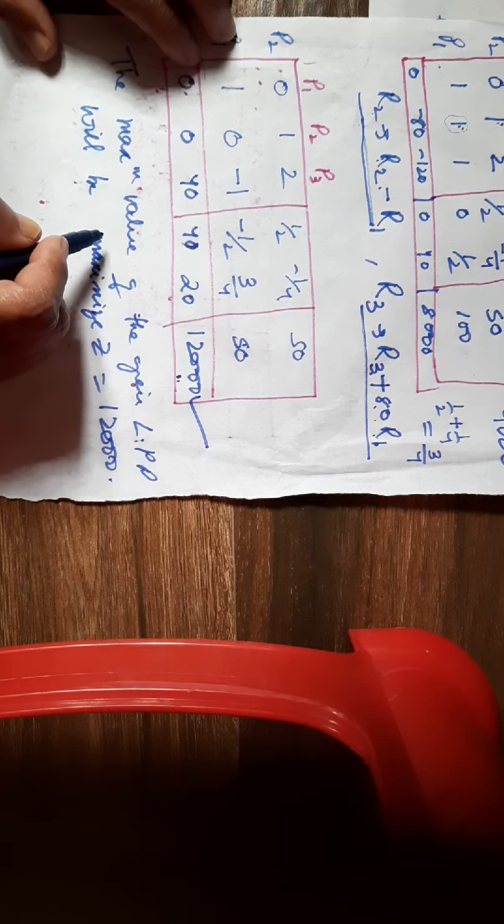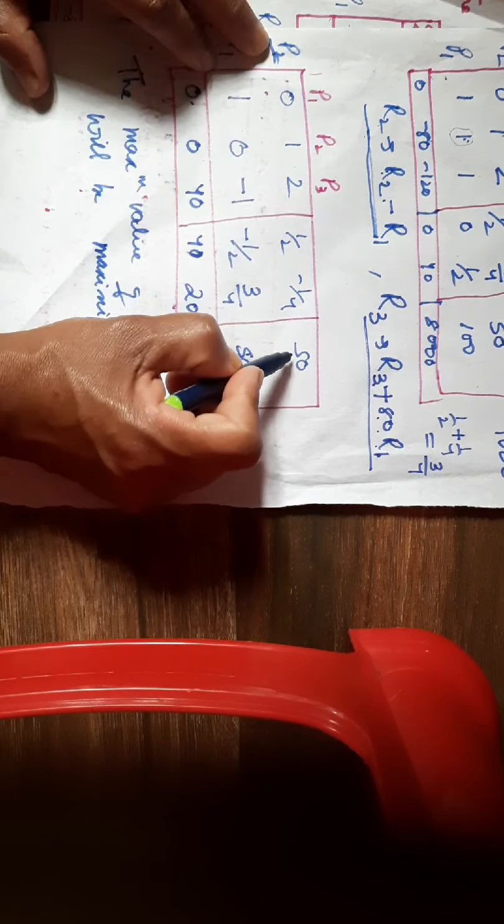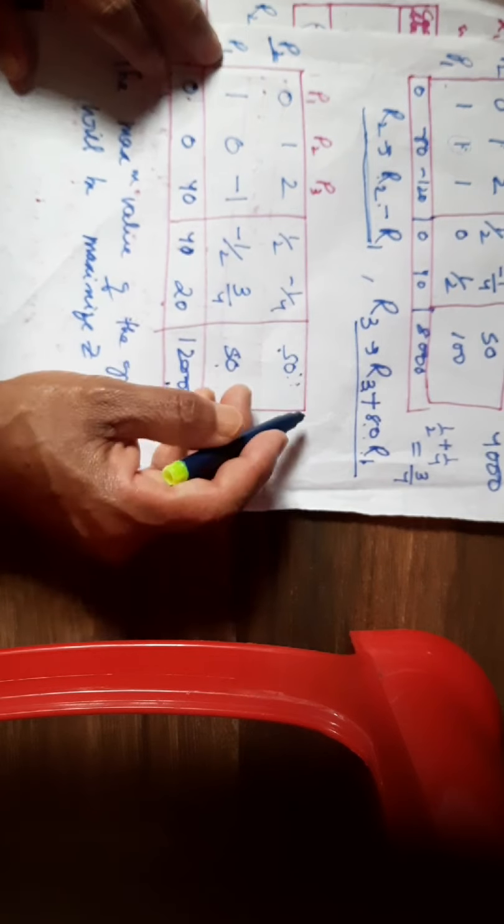And then what will be the value of X? Because in that one, we have the values of X1, X2, X3. So now what will be the values of X1, X2, X3 from this final simplex table? Now what we notice is that P2 represents the first row and P1 represents the second, and the values in the last column will give you the values of X1, X2 and X3.